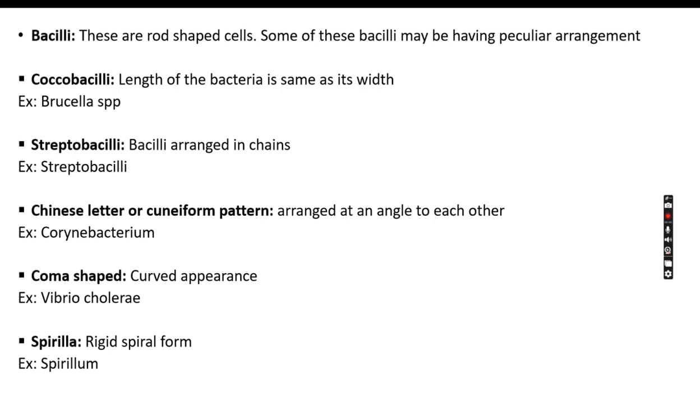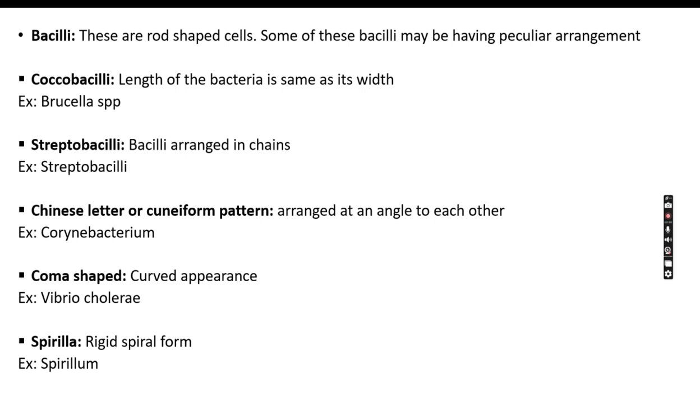Coming to bacilli, bacilli are rod-shaped or box-shaped cells, and they have peculiar arrangements. Cocobacilli are where the length of the bacteria is the same as the width. An example is Brucella species. Streptobacilli are bacilli arranged in chains.